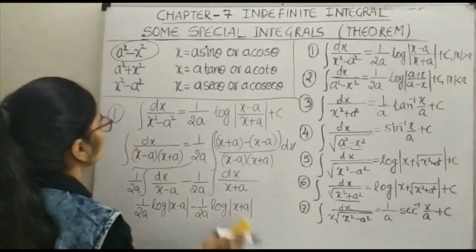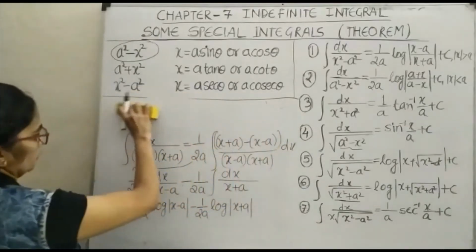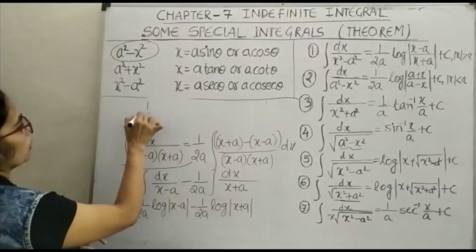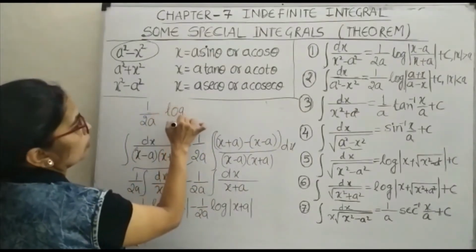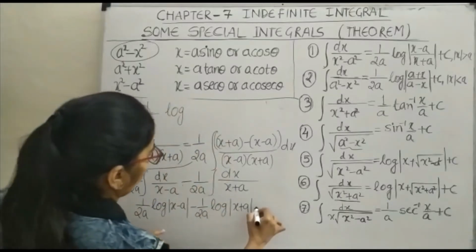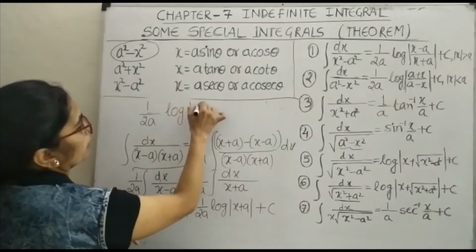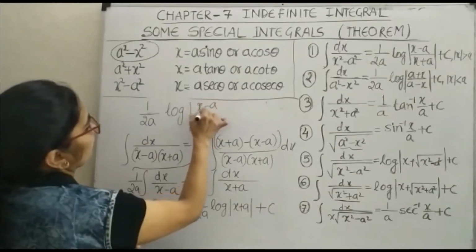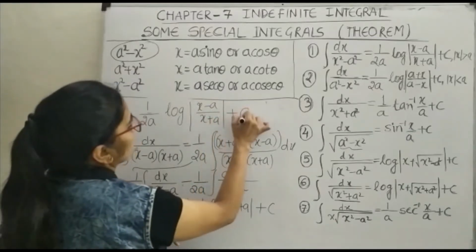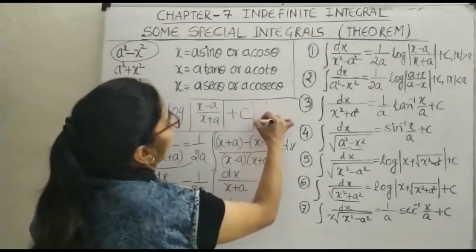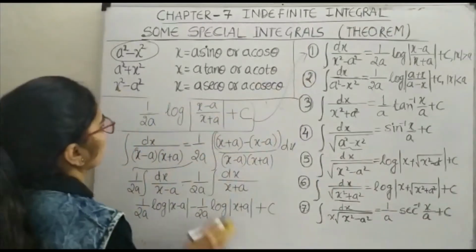After this, you can take 1 upon 2a outside, and this takes the form log, and here we can add one constant also, so log mod x minus a upon x plus a plus c. So this is how we have proved the first result. In the same way we will do the second result also.